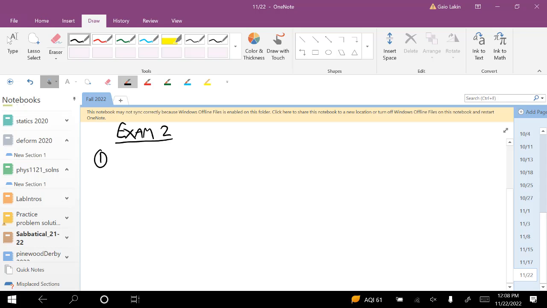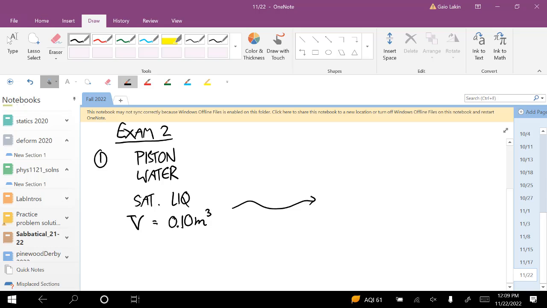So you have a piston cylinder, and it's water. And it says that it starts as a saturated liquid with an extensive volume of 0.1 cubic meters.